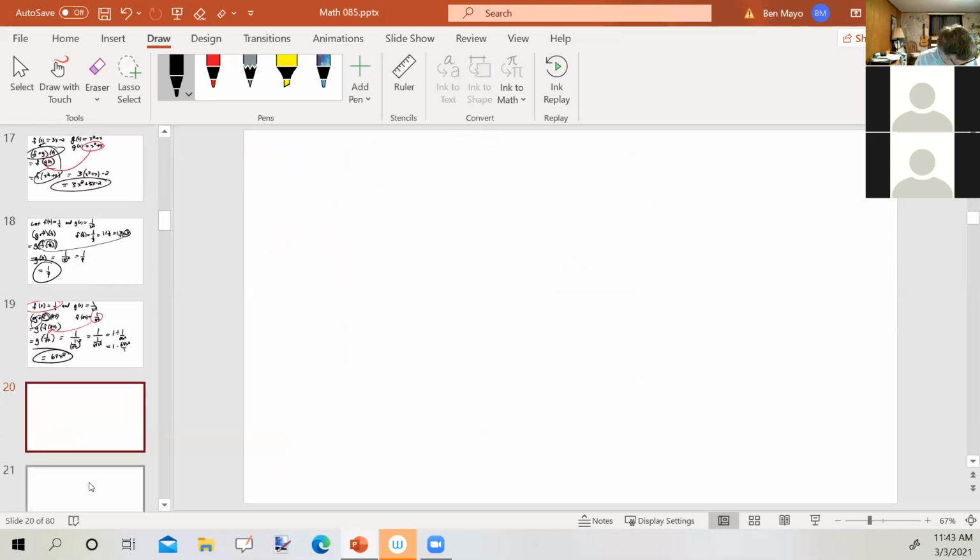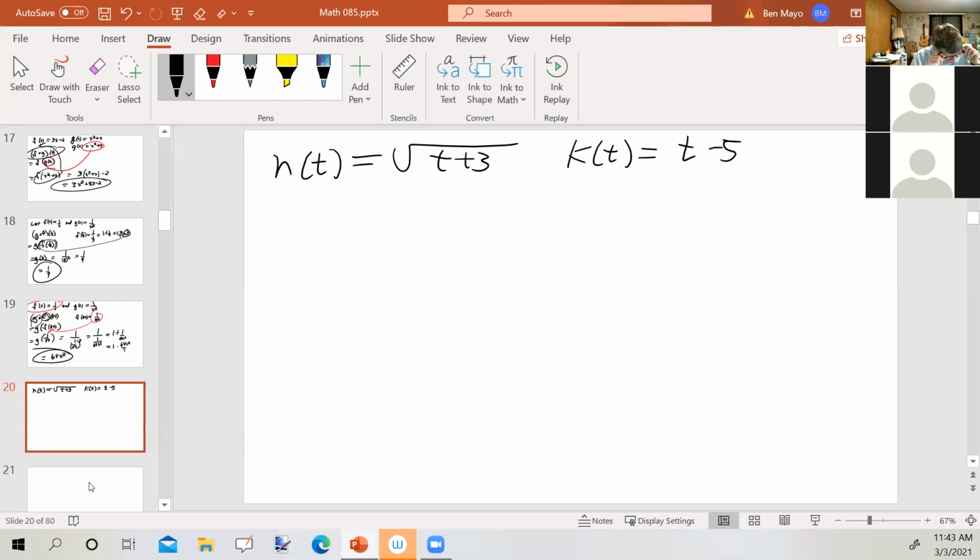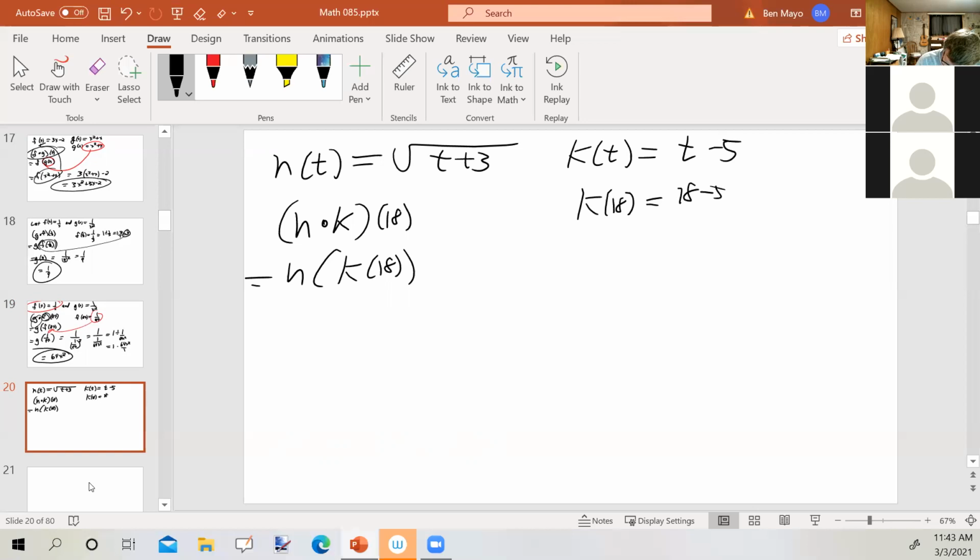Okay, how about this? h of t equals the square root of t plus 3. k of t equals t minus 5. h composed with k of 18 would be h of k of 18. k of 18 is 18 minus 5, which is 13.